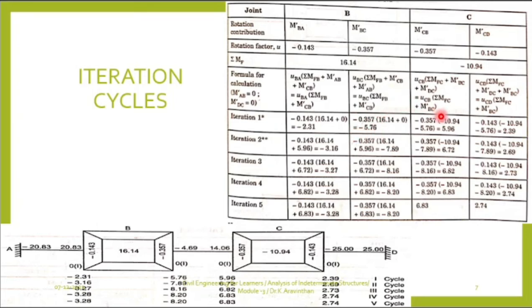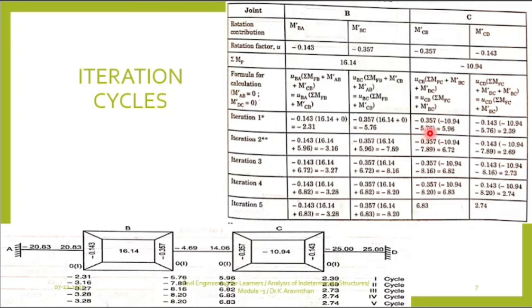Now for the next iteration, what is the formula? You have to find the first iteration UCB. What is UCB? Rotation factor at CB. What is it? Minus 0.357, it is written here. And what is M dash BC? M dash BC is minus 5.76, it is written here.